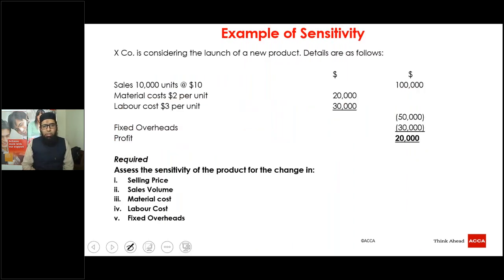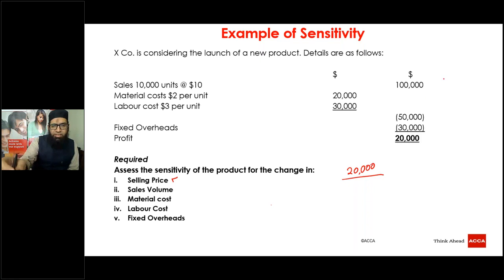So this is an example of sensitivity. For example, if I have to know the sensitivity of the selling price, it will be profit, which is 20,000, divided by sales, which is 100,000, multiplied by 100%.